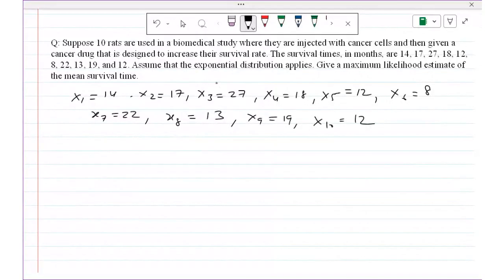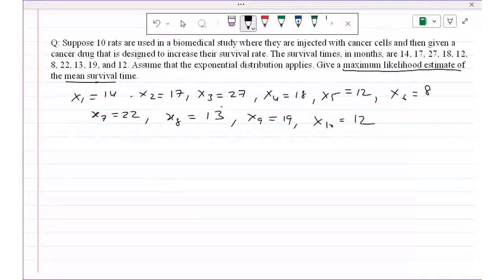Assume that the exponential distribution applies. Which distribution are they talking about? Exponential distribution applies. Give a maximum likelihood estimate of mean survival time.